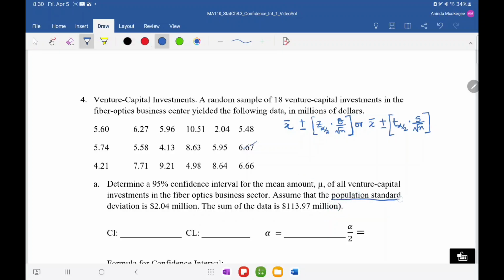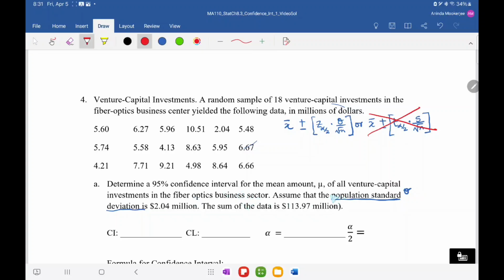So since sigma is known, we will be using the z interval procedure, where we use the z value in the formula as well as sigma. So I'm going to cancel this one out. We are not using the t interval procedure for this question, and we determine that by reading the question.